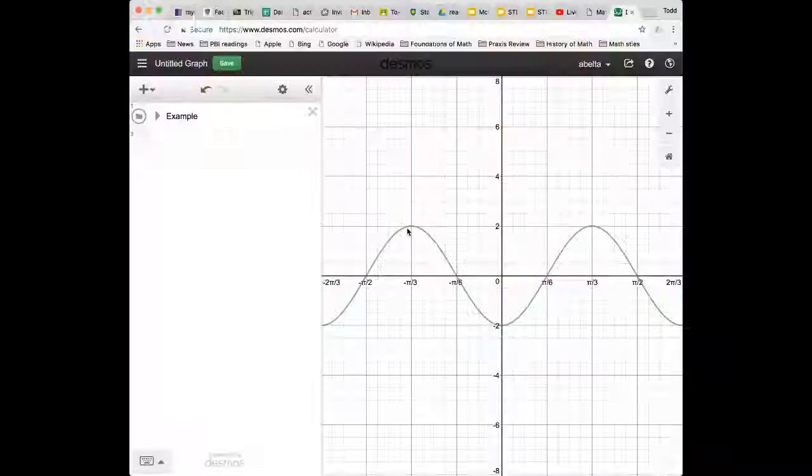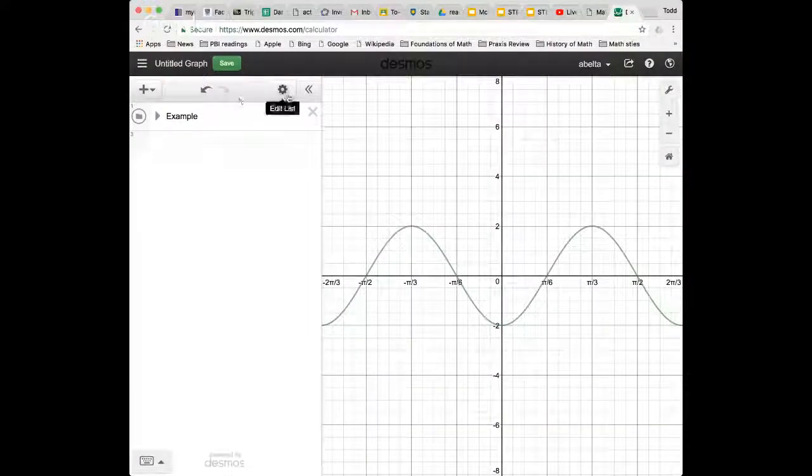It definitely has an amplitude of 2. Tell me how you know that. Well, it goes from 2 to -2. So the absolute value of that is 2.